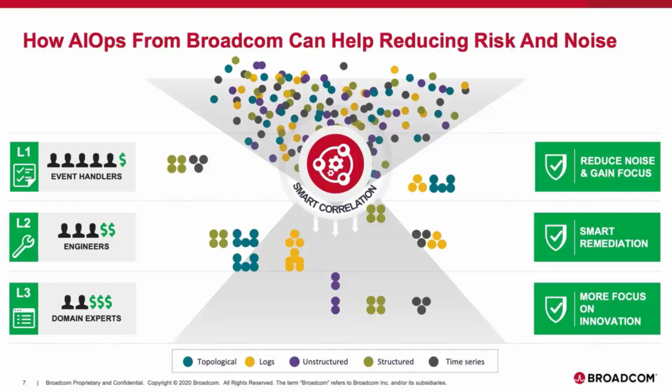By correlating and normalizing monitoring data with our AIOps solutions, you can reduce noise for the operations teams. The teams can offload work, gain focus, and concentrate on more value-added activities.